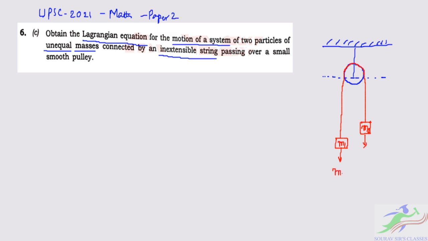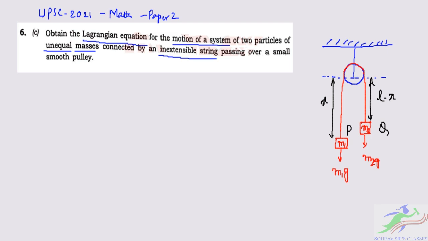So here it is m1g and it is m2g, and suppose this whole length is x. Let us take these bodies as P and Q, and this distance is L minus x. Okay, so we have drawn this figure.